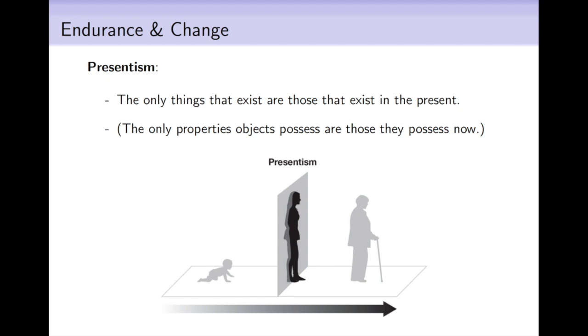So Hyperion, for instance, has this property of being 116 meters tall, which is a present property. So the present Hyperion, which exists, has this property of being 116 meters tall. The past version of Hyperion, the one that we were hypothesizing was a meter tall on a particular day 800 years ago, well, according to the presentist, that day 800 years ago and that past version of Hyperion don't exist, right?